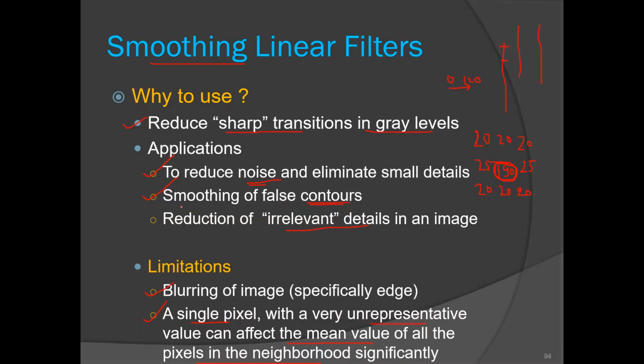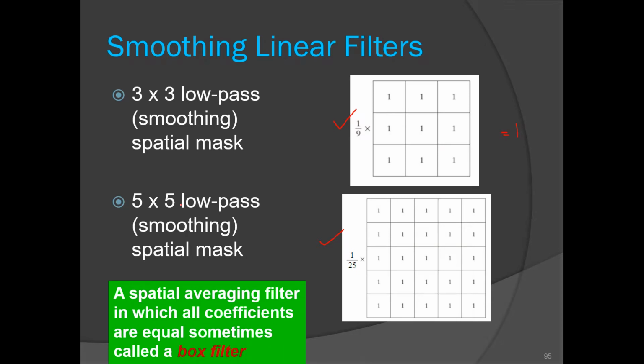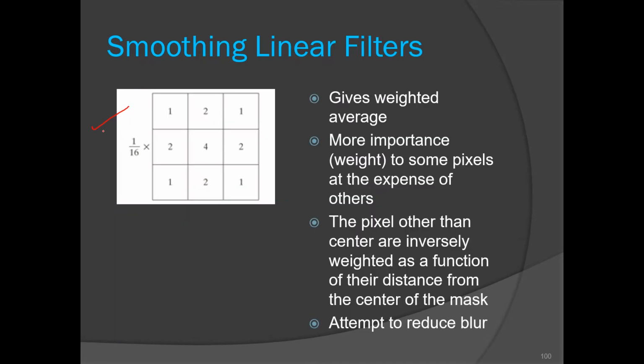Now let me show you the application of the smoothing operation. This is a different kind of smoothing filter. Here we don't have the same coefficient. Here we have a weighted average of the pixels. We have given more importance to some pixels; the pixels other than the center are inversely weighted as a function of distance.